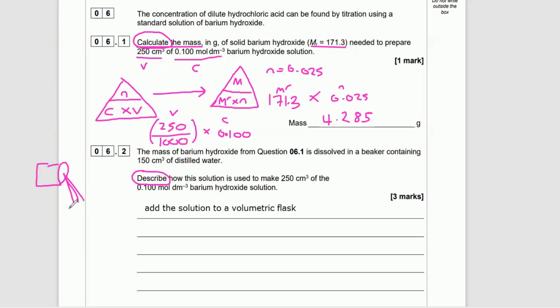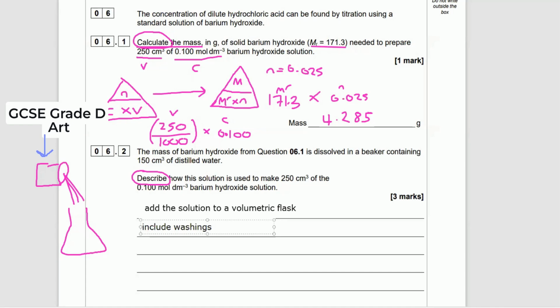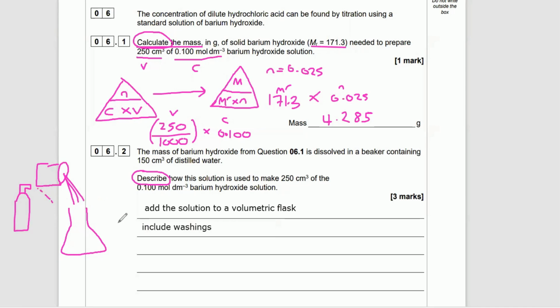So what we want to do is say add the solution to a volumetric flask. Volumetric flasks have a mark, so we want to make that up to the mark by adding distilled water. Include all your washings. So that means get some distilled water and rinse out the beaker or whatever you made the original solution in, and tip all of that in so you haven't left any of the 4.285 grams behind in your apparatus.